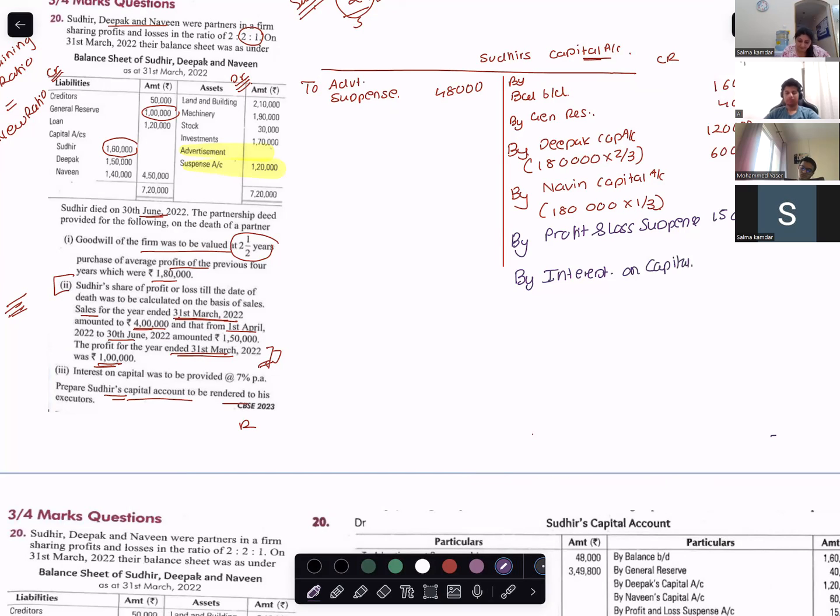What is the capital? 1,60,000 into 7%. 16 into 7. Yes. 7, 14, 21, 28, 35, 42.